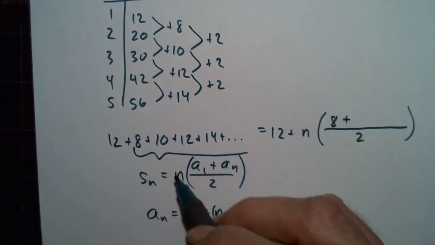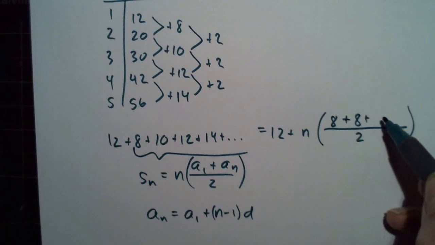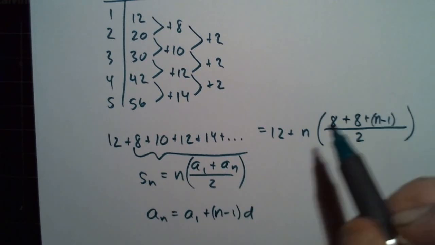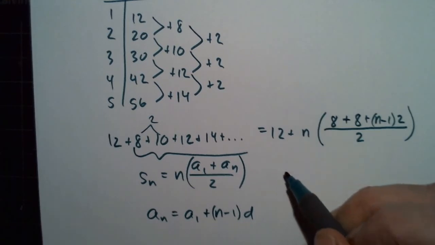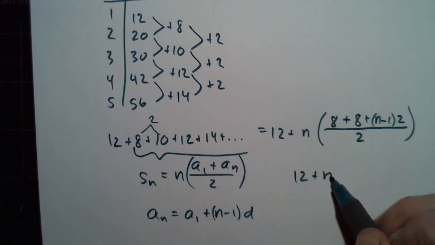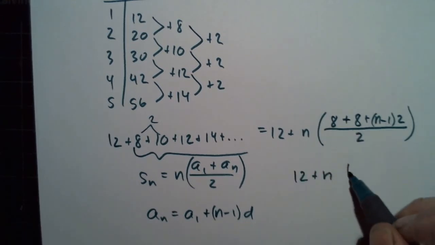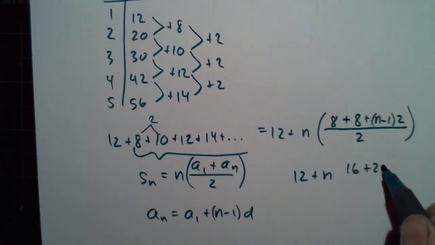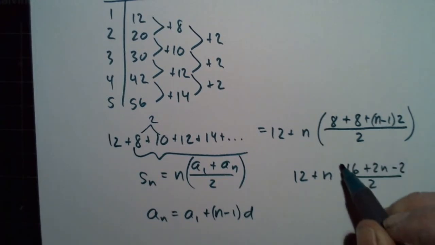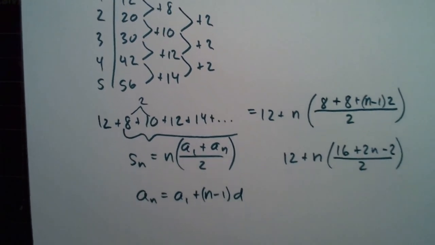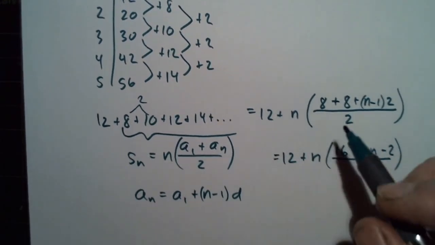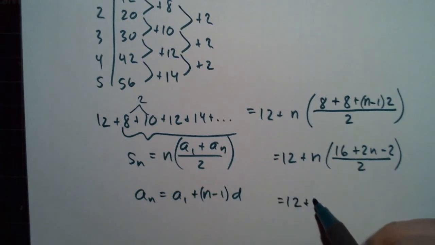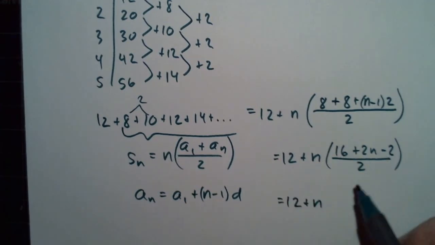So a1 is 8, n minus 1, and then the common difference is 2. 16 plus 2n minus 2 over 2. 14 plus 2n over 2.